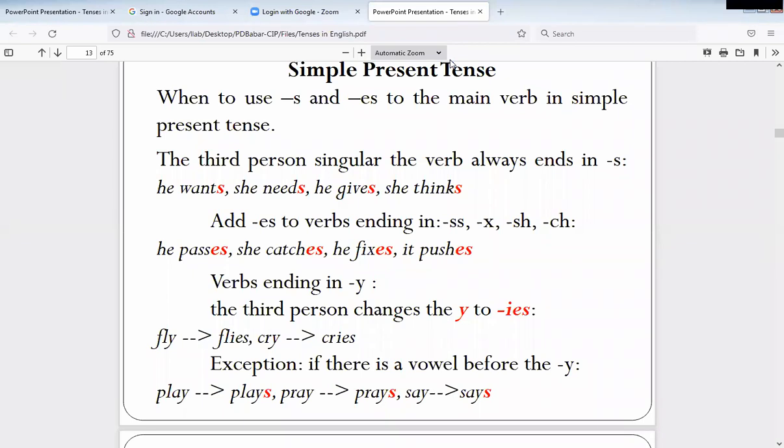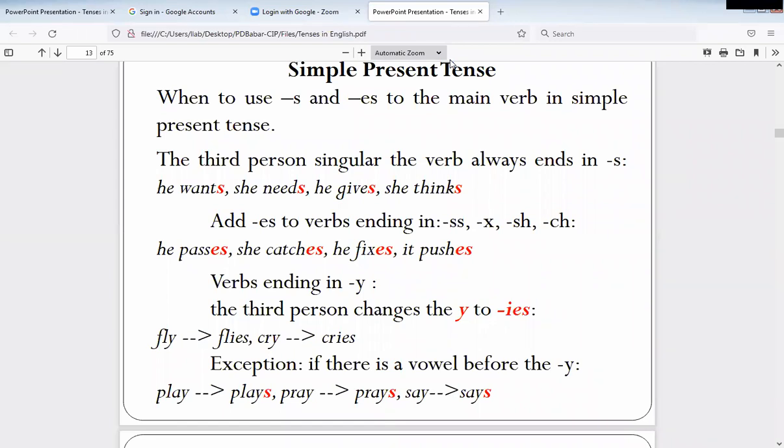We will have to add es as a suffix. Then for verbs ending with y, we have to add ies as a suffix before the third person singular. Examples of these types of verbs are fly, cry, try. We will have to add ies. He flies, she cries, it tries, or he tries.